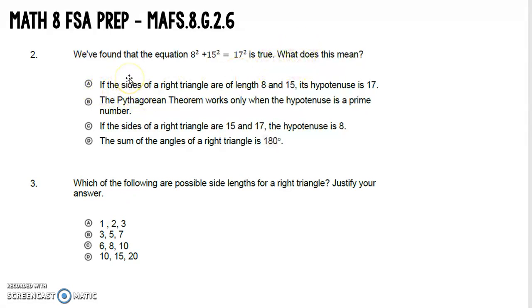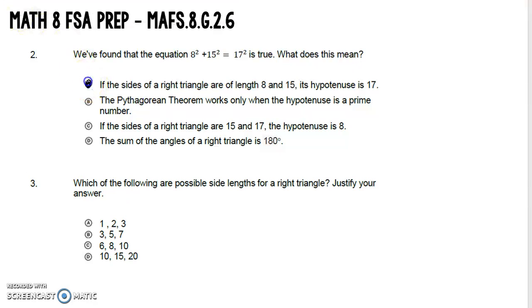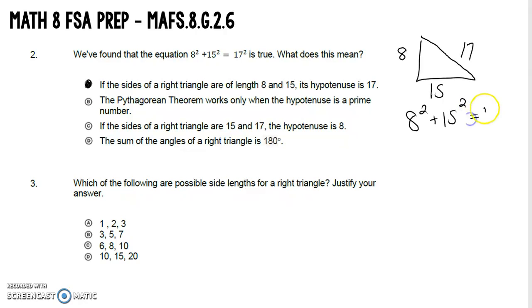So go ahead and read through those, A, B, C, and D. What it means is that if the legs of a right triangle have a length of 8 and 15, the hypotenuse is 17. So if we took 8 squared, added that to 15 squared, we should get 17 squared.